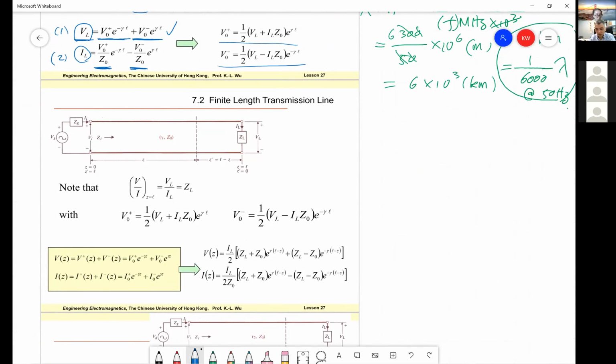Then also, if the load follows Ohm's law, in this case I replace this by ZL times IL. This equals ZL times IL.